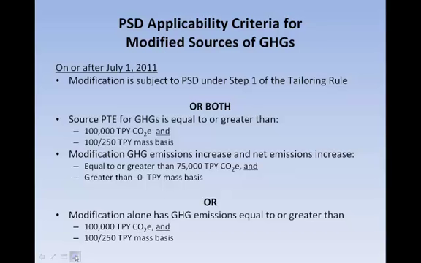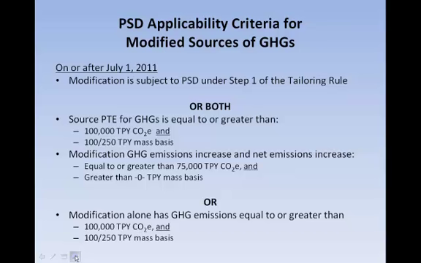Or you can have both the existing source potential to emit for greenhouse gases equal to or greater than 100,000 tons per year on a CO2e basis, and 100 or 250 tons per year on a mass basis, and the modification emissions increase of greenhouse gases and the net emissions increase is equal to or greater than 75,000 tons per year CO2e and greater than 0 tons per year on a mass basis.